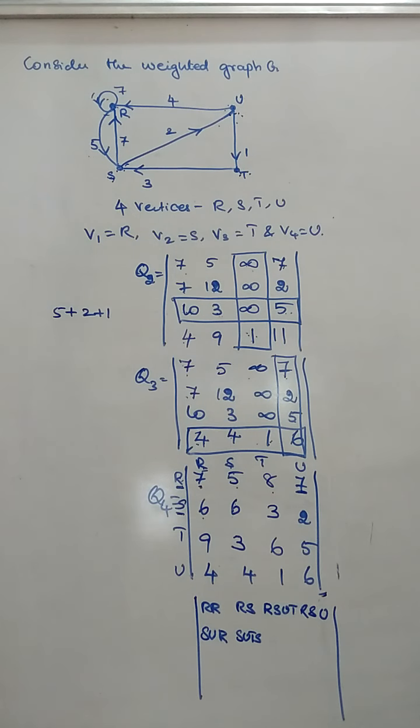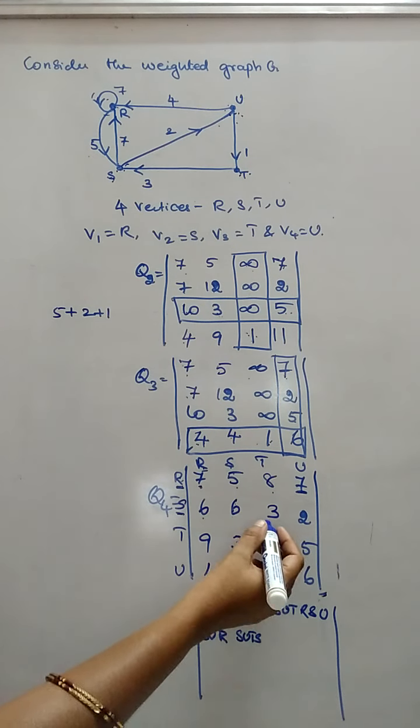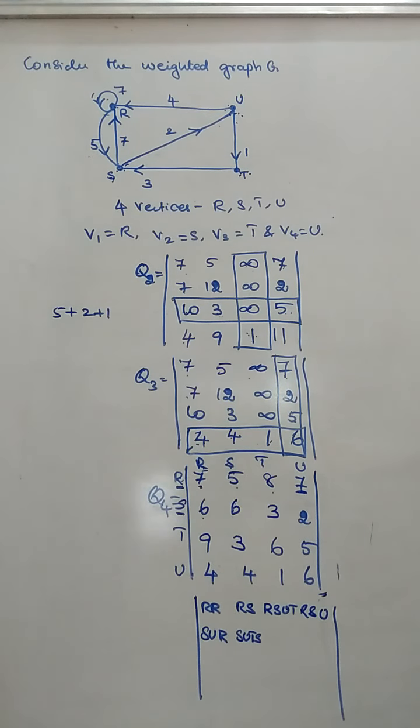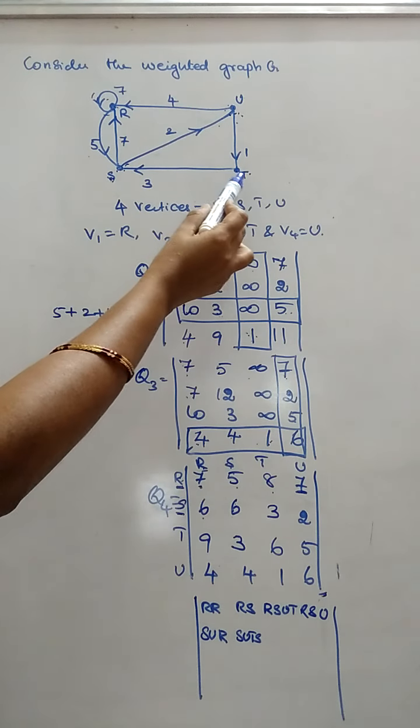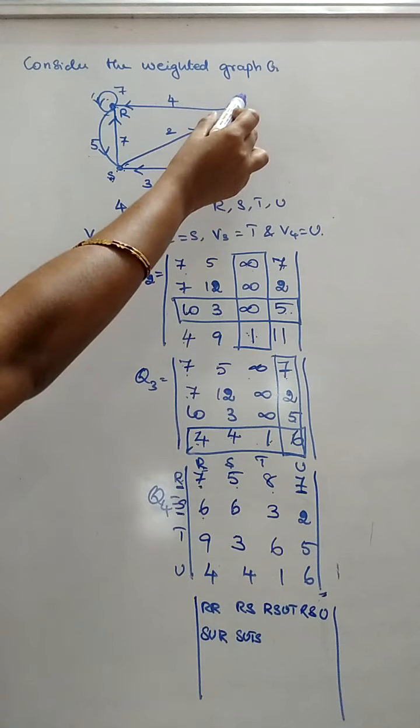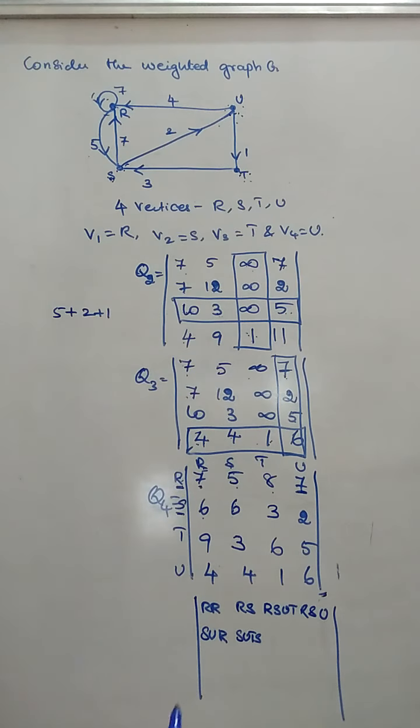Okay, and then for this one it's 3, S to T is 3. Check that one. From S to T is 3 means S to U, from U to T. So you can write SUT. And same way you can write SU here.